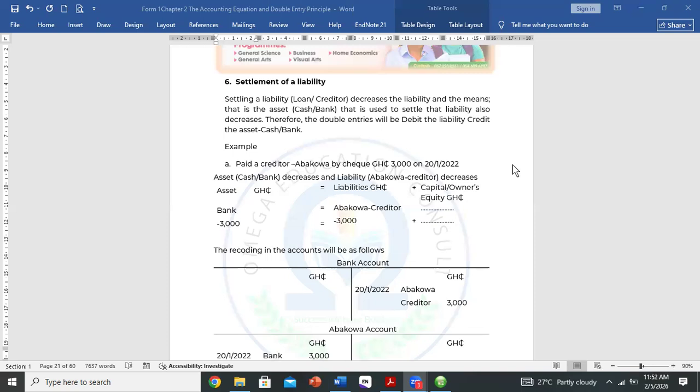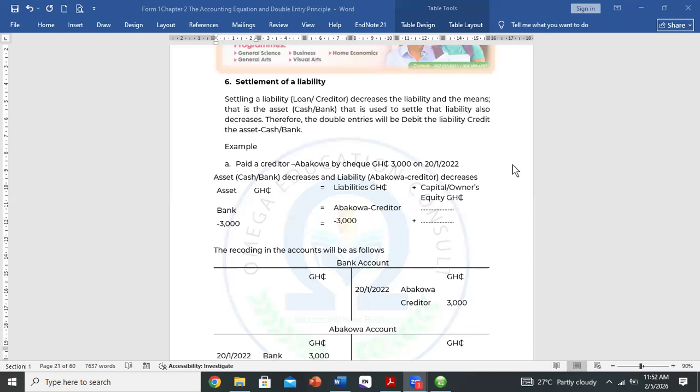So instead of paying cash, they will tell the person to become a shareholder. So they will allot some shares to the magnitude of the debt. Okay, so those things are there. But the basic settlement of a liability will be in the form of using cash or check.